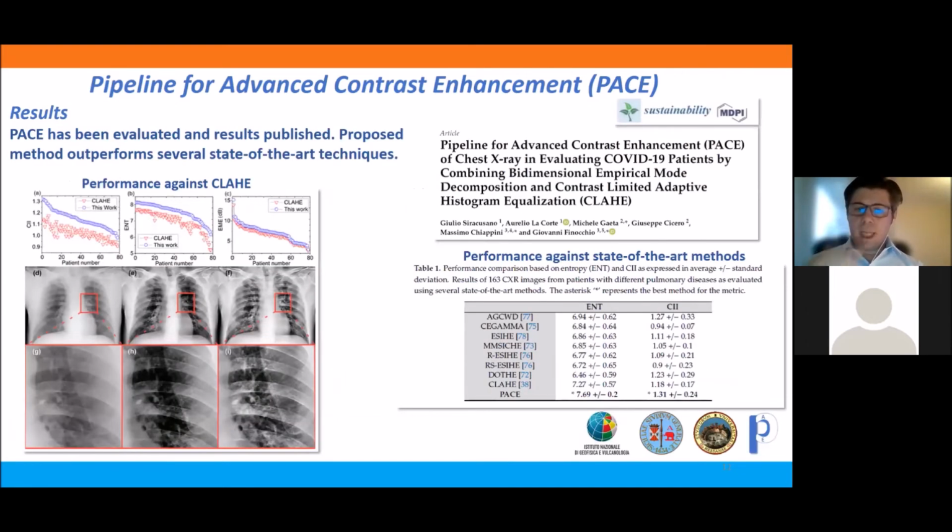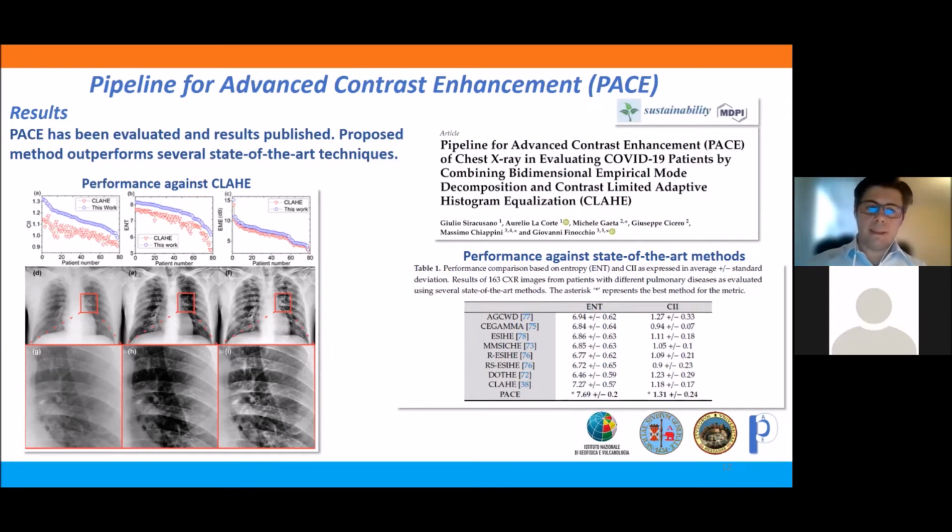Well, if we focus on the results, PACE has been evaluated, and the results, of course, have been published. We have the paper visualized. The proposed methodology has demonstrated to be better than several state-of-the-art techniques. But if we just focus on the left part of the slide, we can see there is a picture where PACE has been compared by considering the three different metrics against CLAHE, which is a standard methodology.